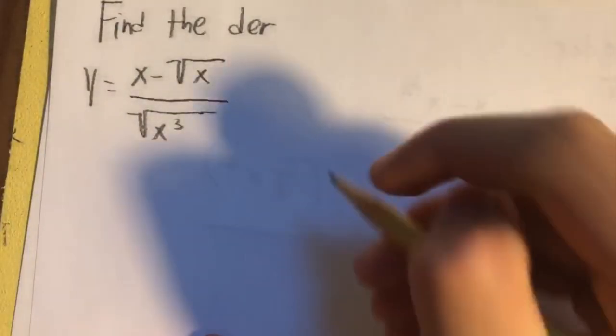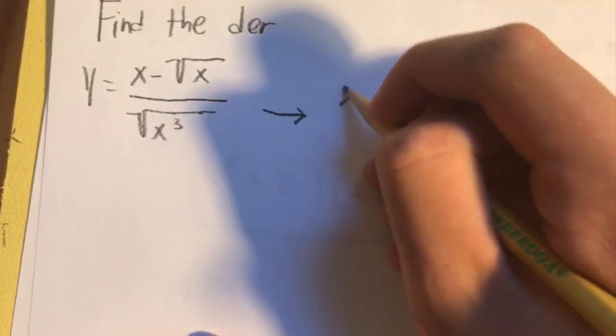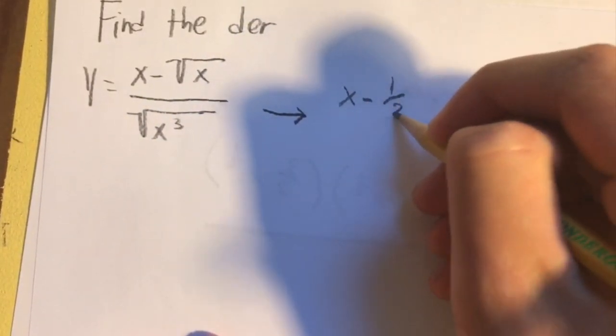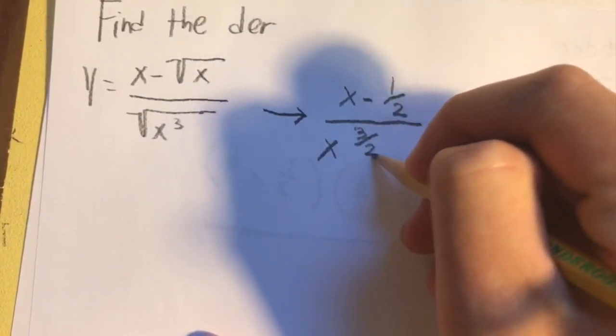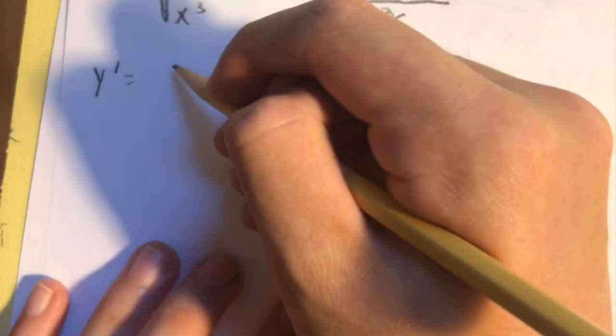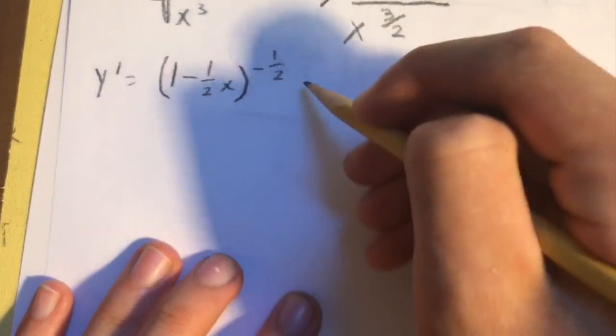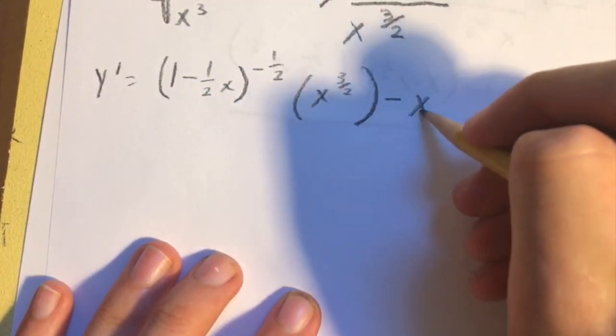Since the last practice problem we did was not very simplification heavy, let's do one that requires a bit more simplification. So we can actually simplify this function before we even find the derivative. Now we can find the derivative. We take our original function and plug it into the quotient rule formula that we have, low d high minus high d low.